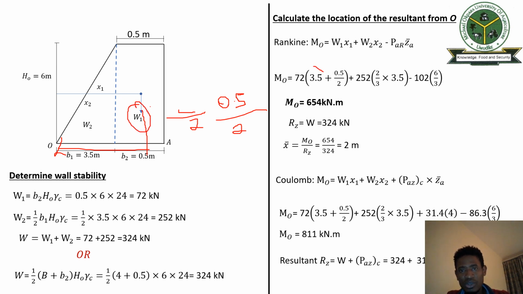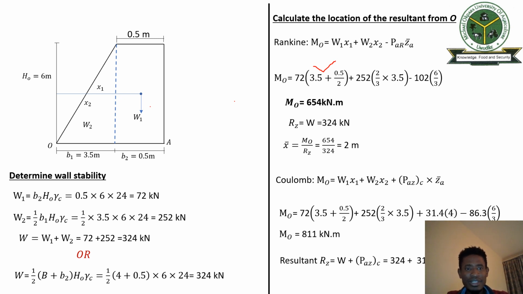That is how I got this value. Now, the second one, how did we go about this second one? As simple as it is, we just said, okay, this is a triangle, and the centroid of a triangle from here is 2/3.